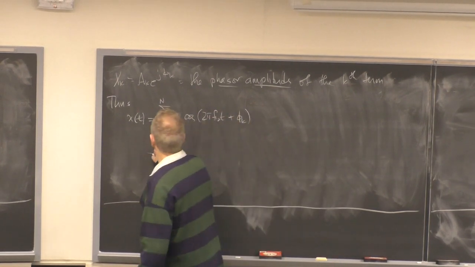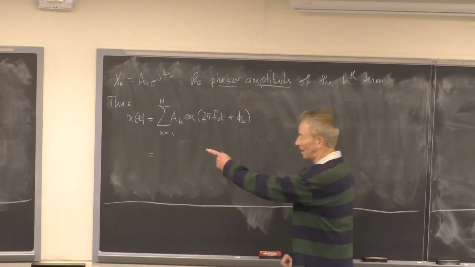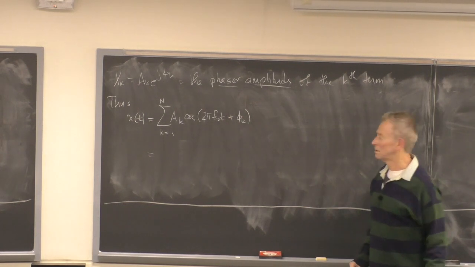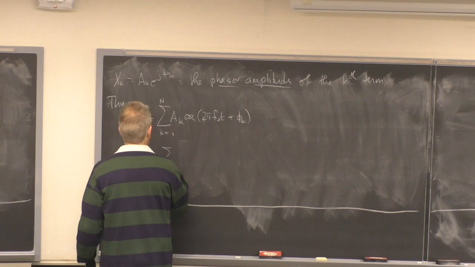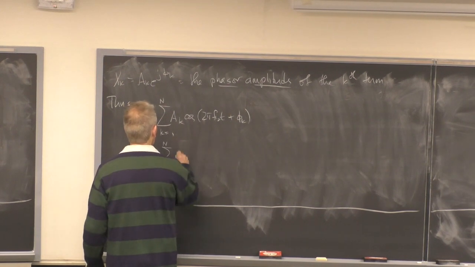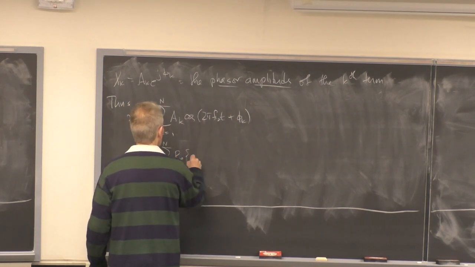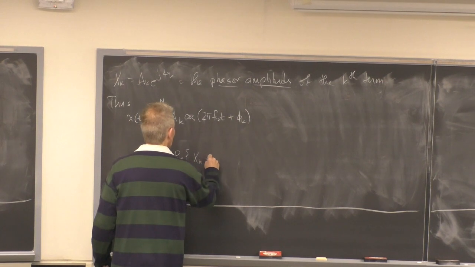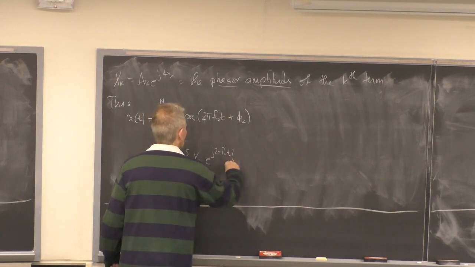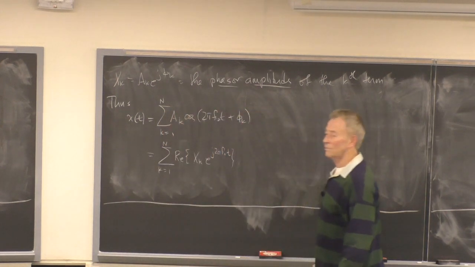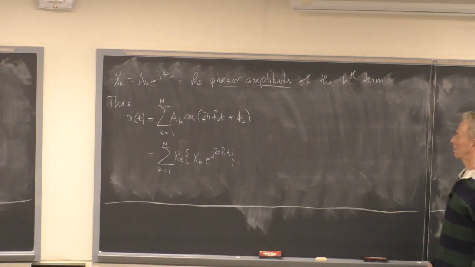And writing every term in this phasor amplitude kind of way, I get the sum from k equals 1 to n of the real part of xk e to the j 2 pi f0t, right?